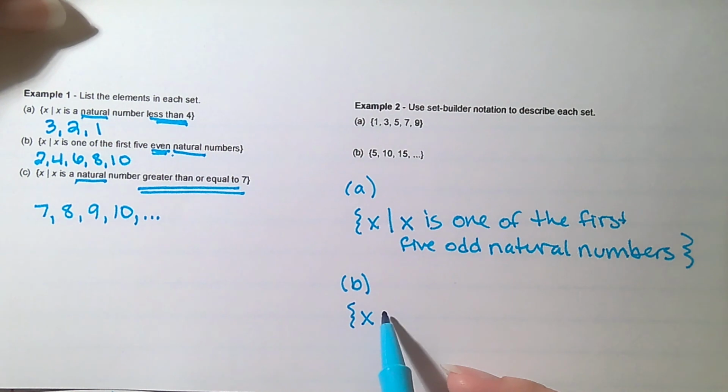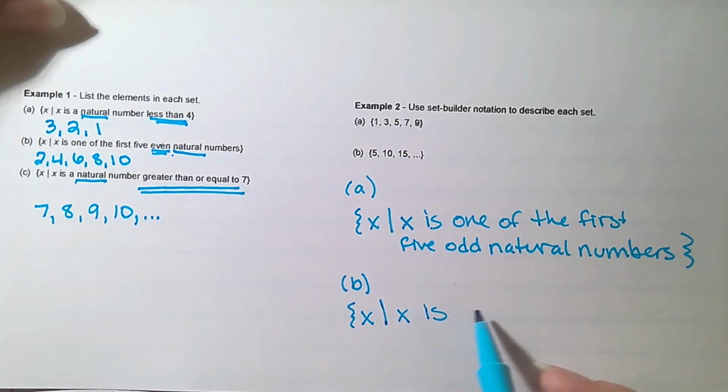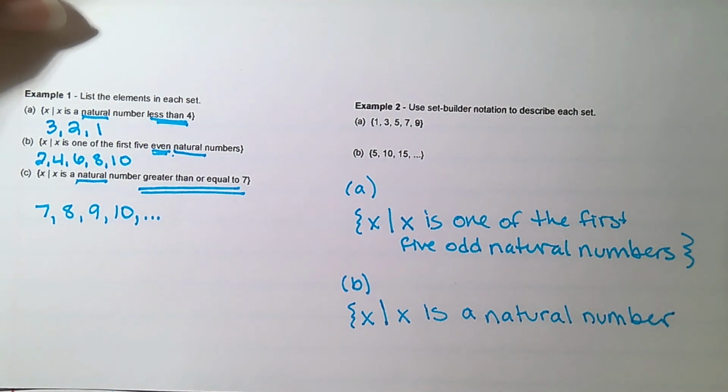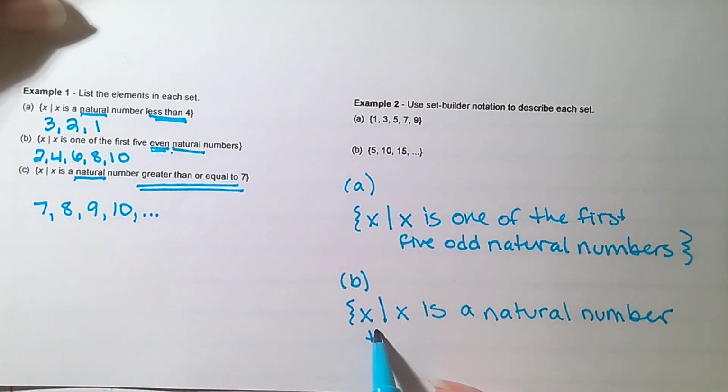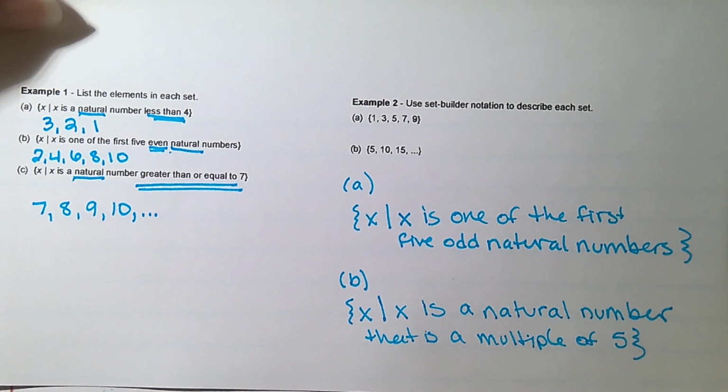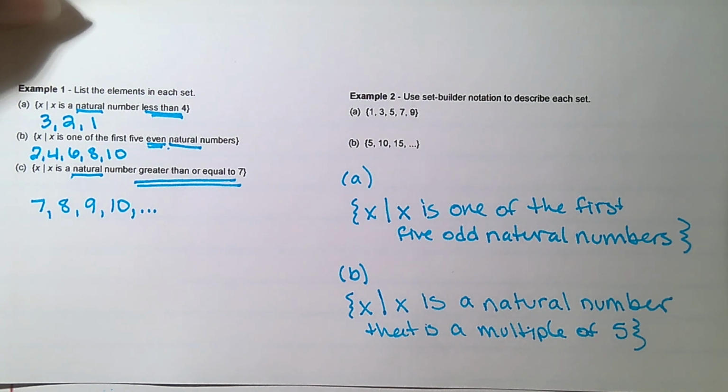So I could say the set of all values x, such that x is a natural number that is a multiple of 5. There are different ways that you could describe these, but that would just kind of be one example.